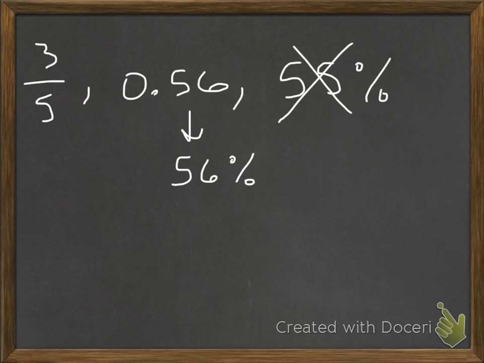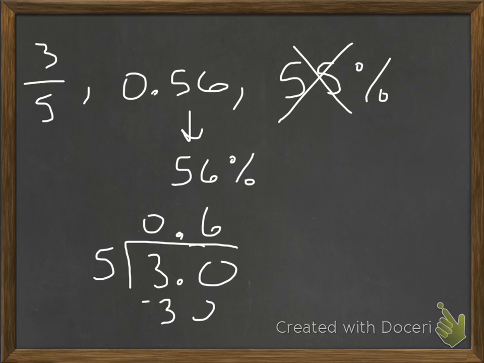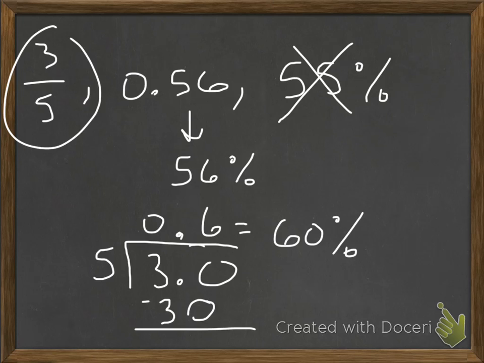So now we got to find out what 3/5 equals. So I can do it this way. 5 into 3 is 0. 5 into 30 goes 6. And remember that this 0.6 is really 60%. So the greatest number would be 3/5. 3/5 is bigger than 0.56 and 55%.